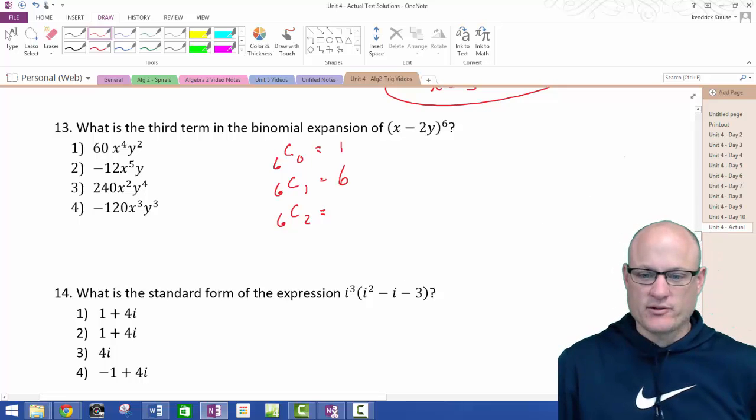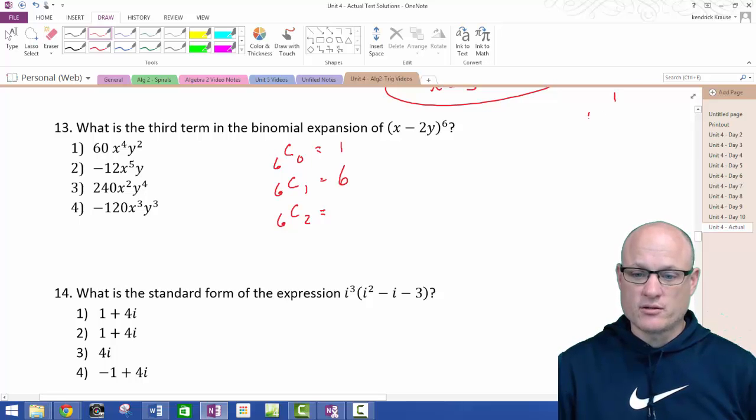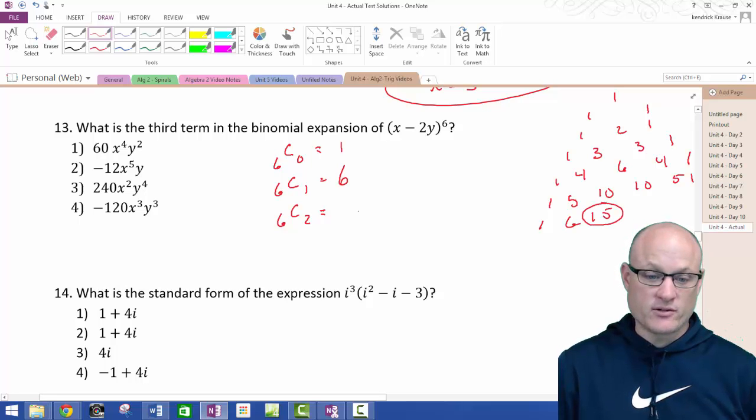I don't remember what that is. I don't have the calculator available to do it for me, so I'm just going to do 1; 1, 1; 1, 2, 1; 1, 3, 3, 1; 1, 4, 6, 4, 1; 1, 5, 10, 10, 5, 1; 1, 6, there it is, 15. That's what I need right there, that 15. So it's 15. I thought it was 15, but I just wasn't sure.